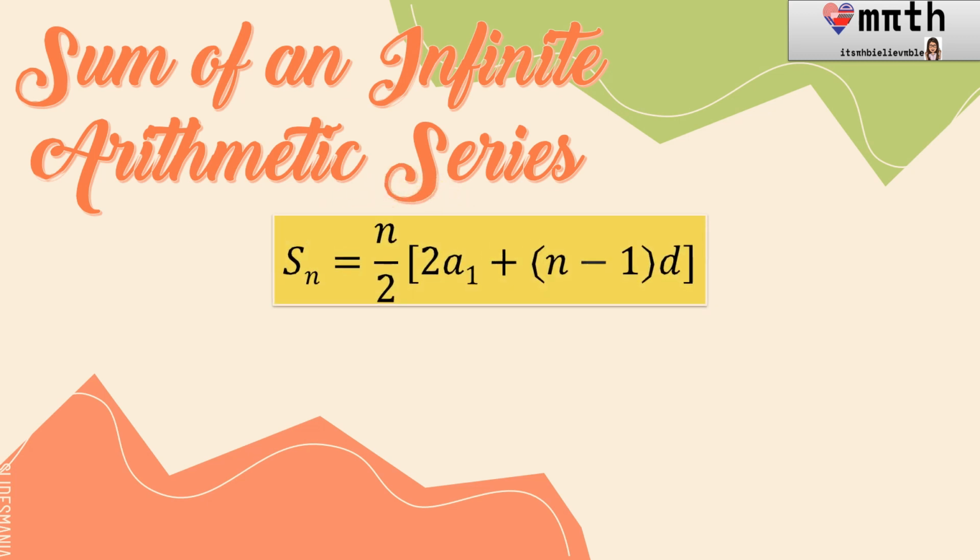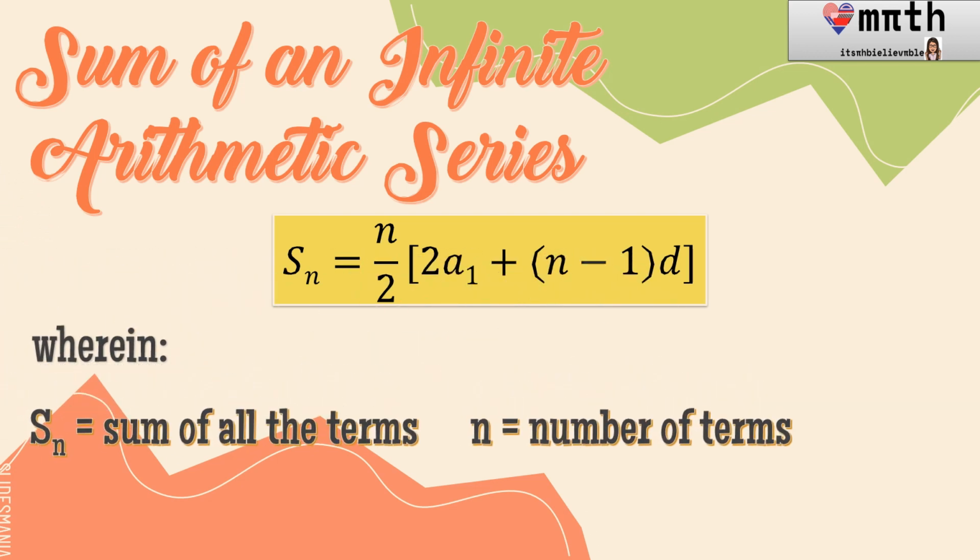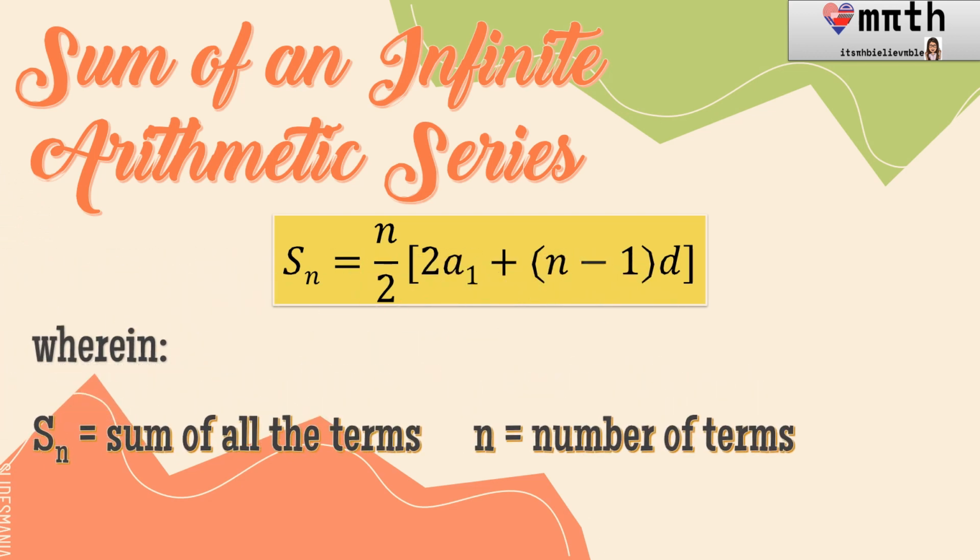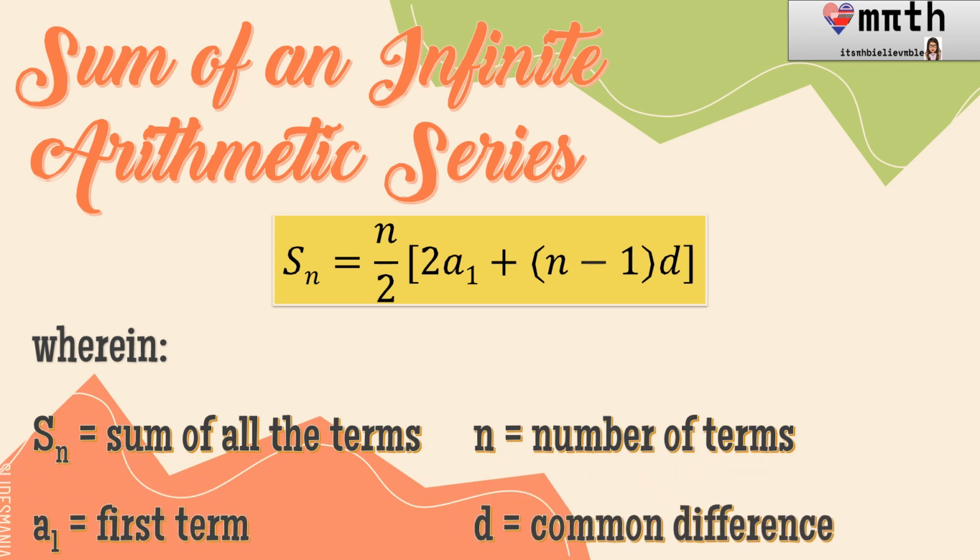The formula is S sub n is equal to n over 2 times the quantity 2 times a sub 1 plus n minus 1 multiplied by d, wherein S sub n is the sum of all the terms or the value of our arithmetic series, n is the number of terms, a sub 1 is the first term, and d is the common difference.